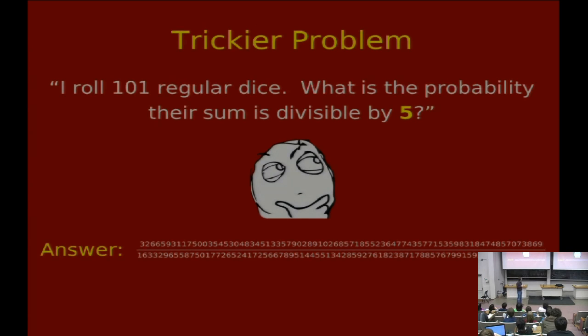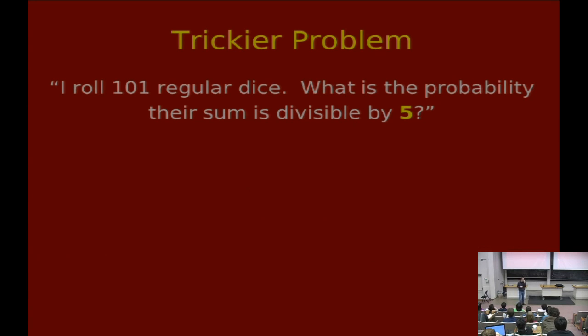Can somebody guess what this is approximately equal to? I mean, if I didn't even tell you the answer, what is your intuition? Yes, some people are saying 1/5. That's a good intuition. It's not obvious that any number mod 5 should be different than any other number mod 5, so maybe around 1/5.